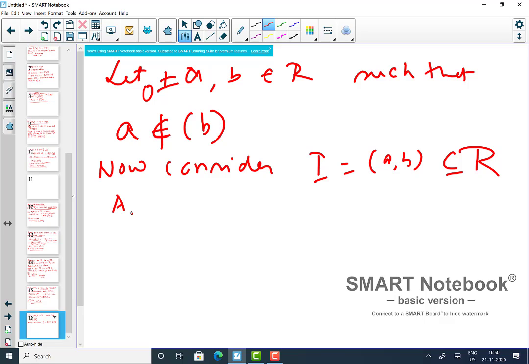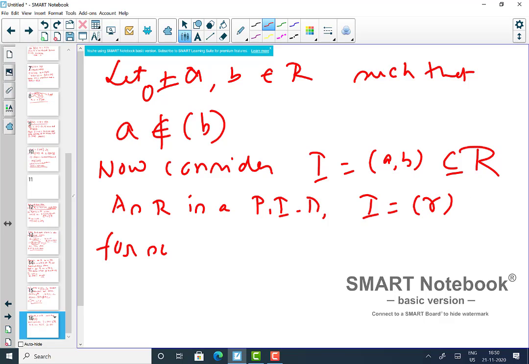So as R is a PID, I can be written as the ideal generated by some r belonging to R, right? Because every ideal is generated by a single element, right? So what are the options here now? So this ideal generated by A and B is nothing but the ideal generated by r, right?